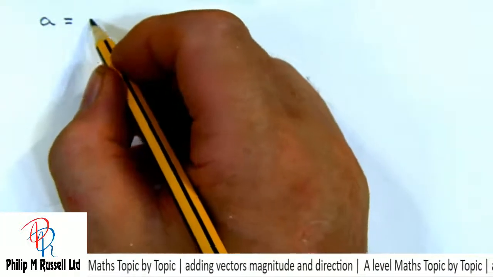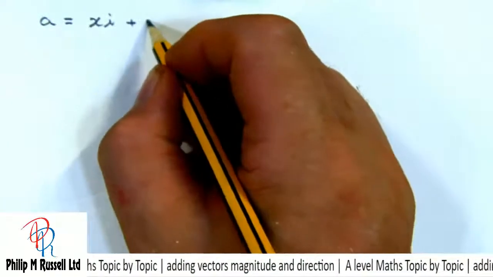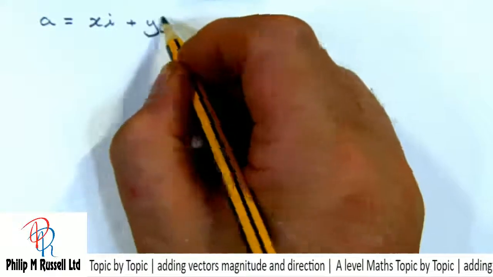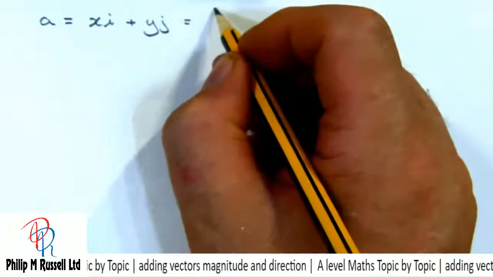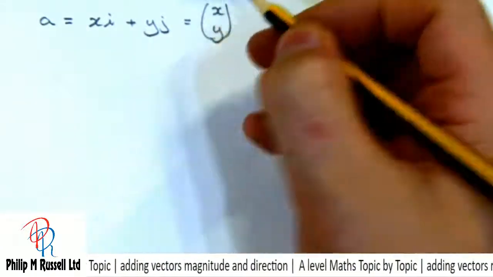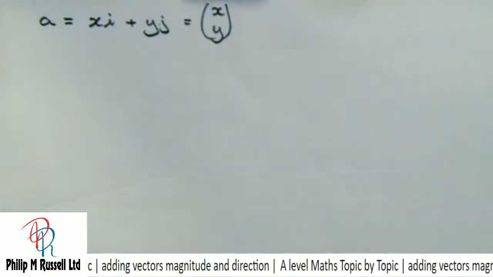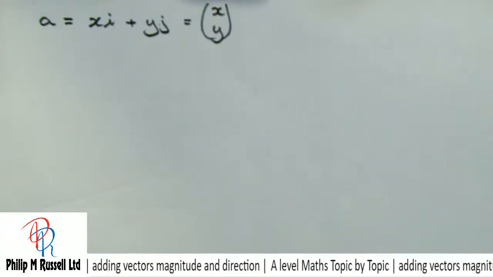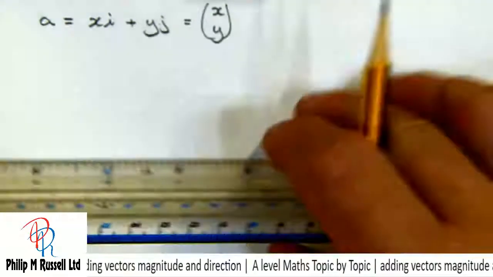Let's go for X times i and Y times j, and that we would represent as X over Y. The magnitude of this is to work out where we're actually going.